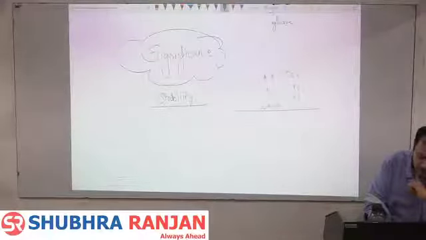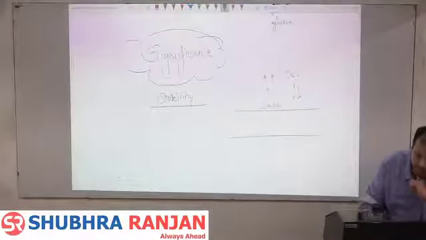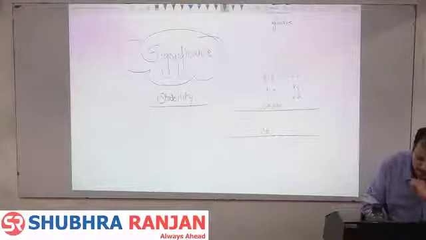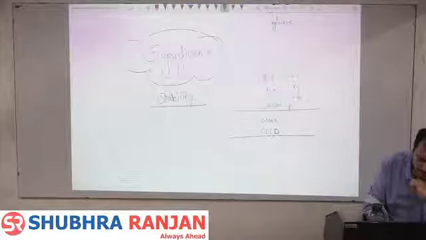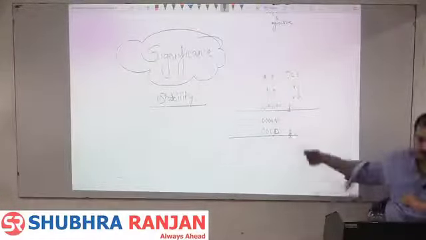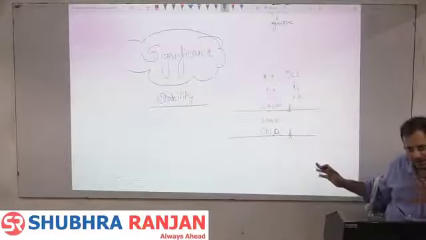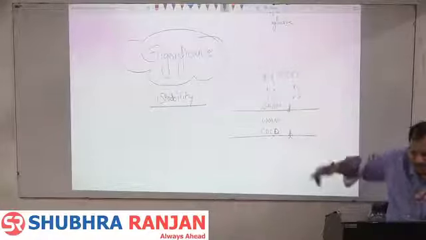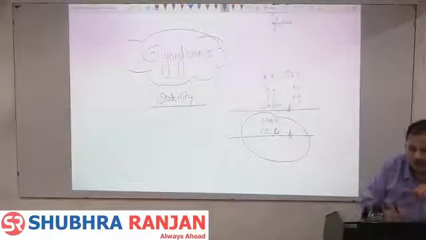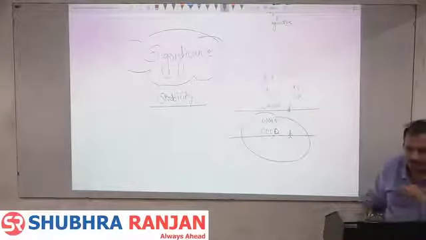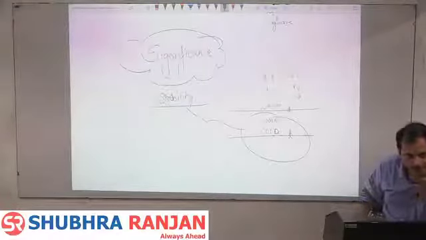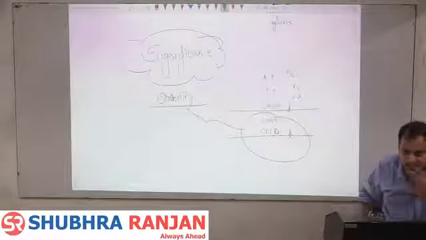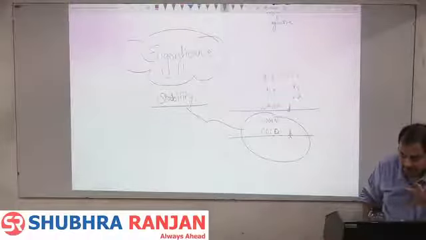This condition is instability. But in temperature inversion, below there is cold air, above there is warm air. So if cold air is already below, why would it try to come down? It will settle over there. Warm air is already above, so why would it try to go up? It will settle over there, and this condition we will call stability. Understanding? So the first point you should know is that temperature inversion causes atmospheric stability.